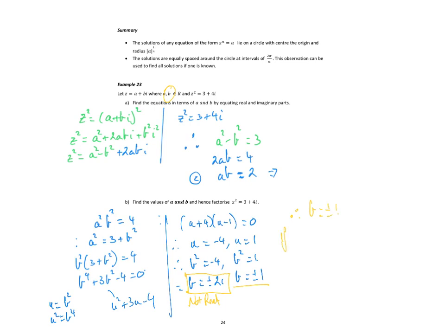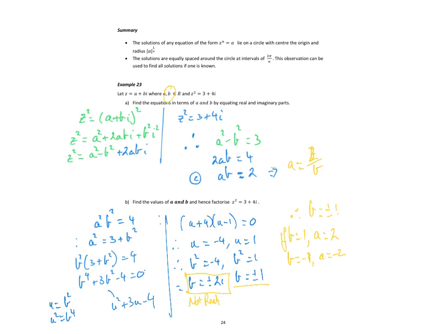So if b is equal to 1, a is equal to, what was a equal to? Well, over here a is equal to 2 on b. So if b is equal to 1, a is equal to 2. If b is equal to negative 1, a is equal to negative 2.